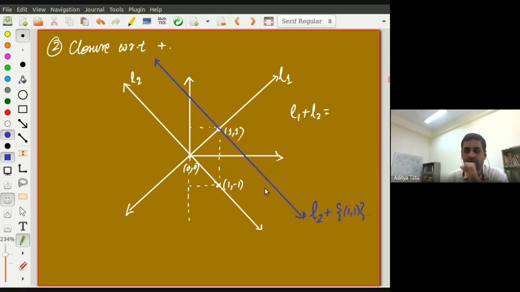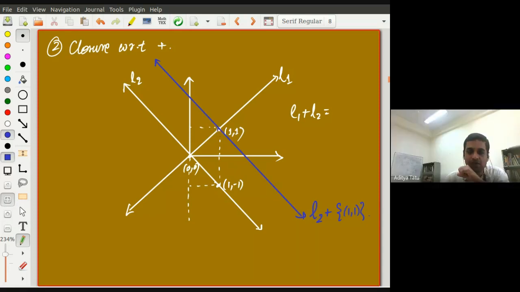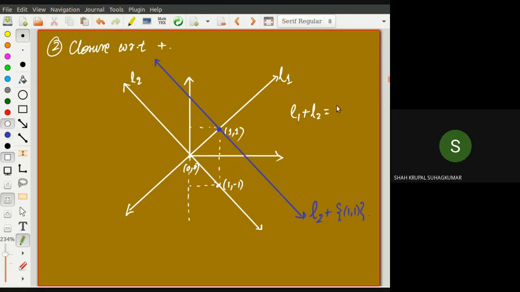Do you agree, Krupal? Yes, sir. Now this is just for 1, 1 on line L1, but you are also supposed to consider all points on the line L1. So now can you tell me what would be L1 plus L2? So then it can be like a whole plane.